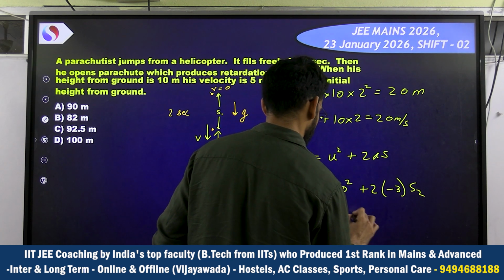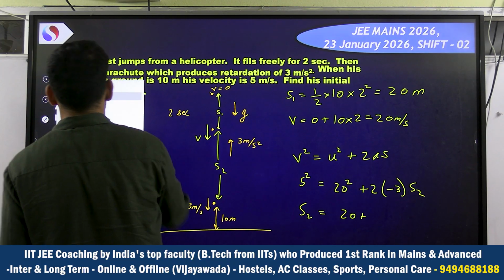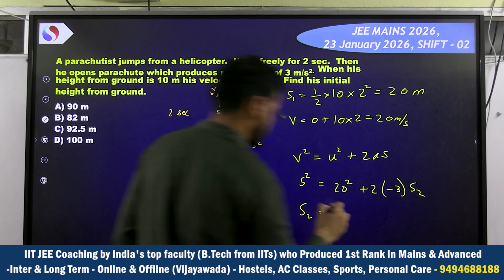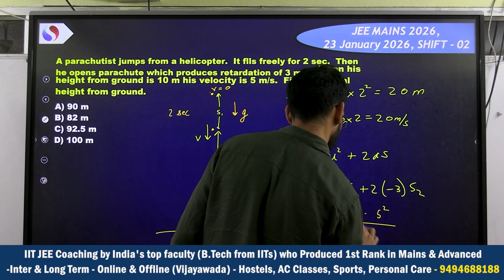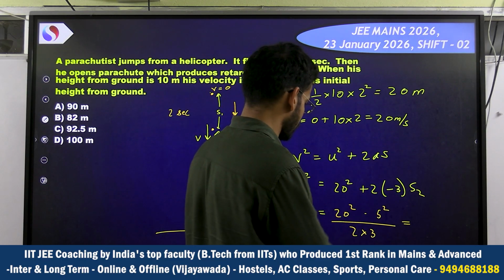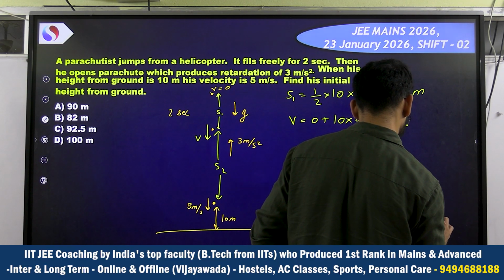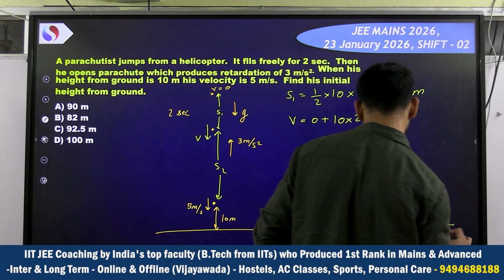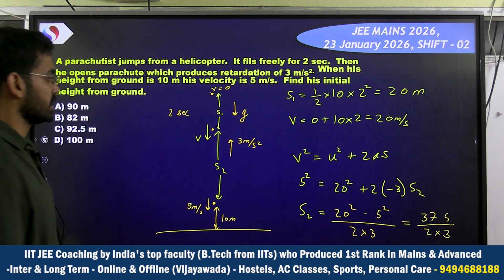So that is 20 square minus 5 square divided by 2 into 3, right? That is your answer of S2. So that will be how much? Your 400 minus 25. So this is 375 by 2 into 3. Okay, that's it. So this we can simplify.